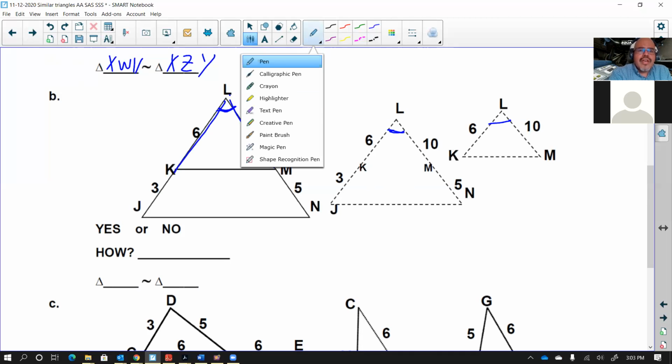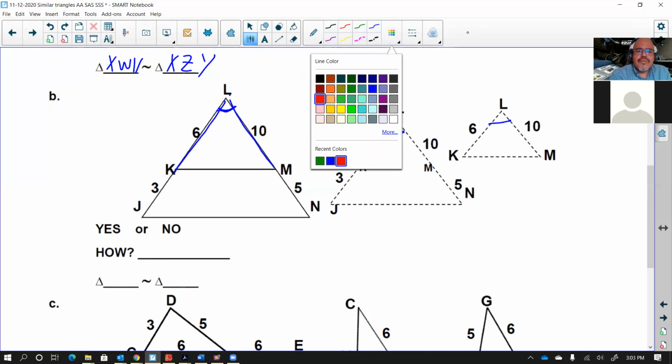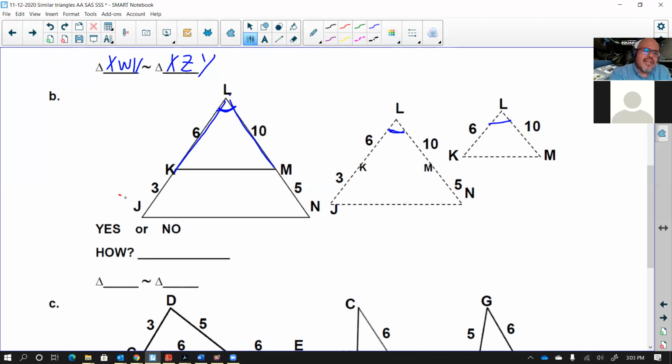Then we have the length of the entire triangle from L to J, which is from here to here, which is 9, and from here to here, which is 15. So instead of writing 6 and 3 on this triangle, I just put 9.